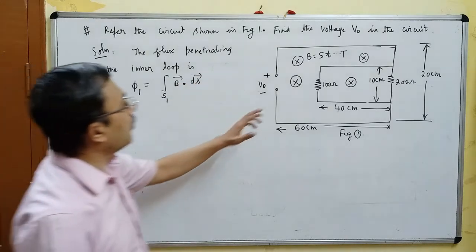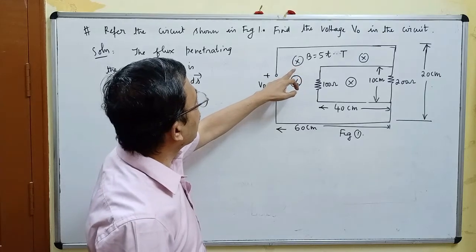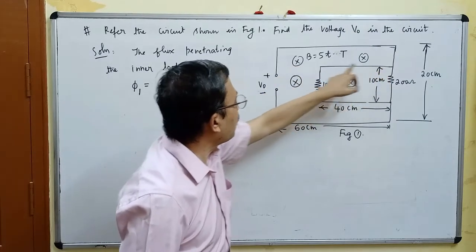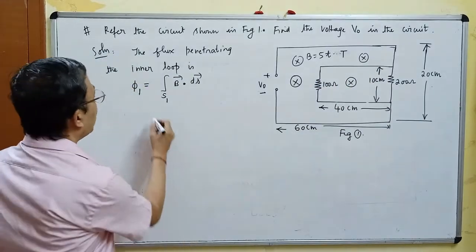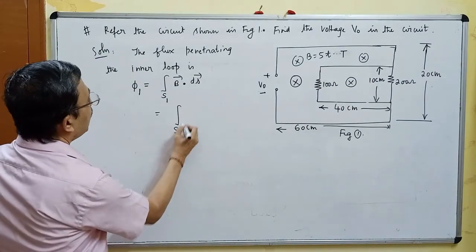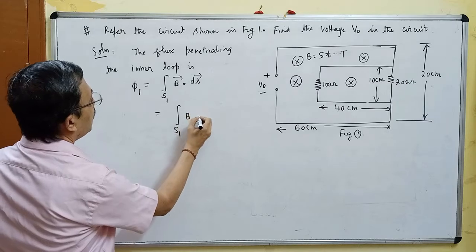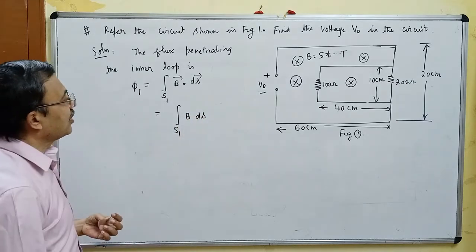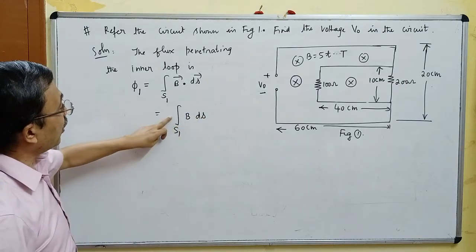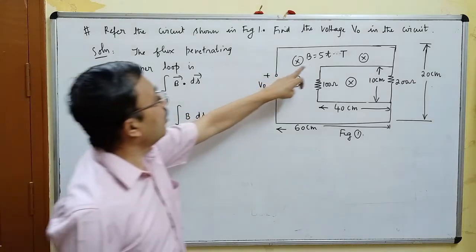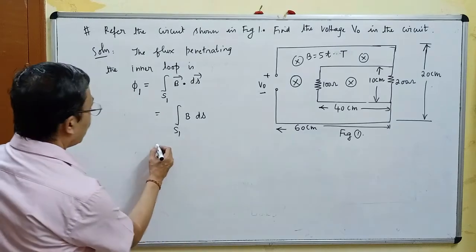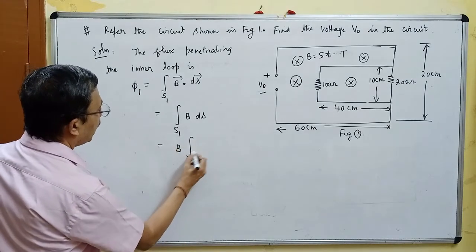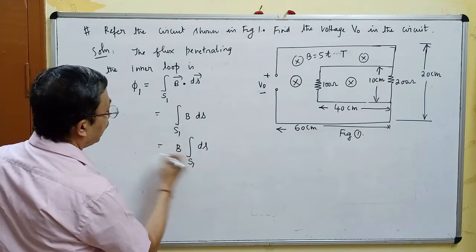See, B is perpendicular to the surface bounded by this rectangular contour or to the rectangular loop. Therefore, B dot ds becomes B into ds. Now, B can be taken outside the integral because B is independent of the coordinates x, y and z. Therefore, this becomes B into integral ds over the surface S1.